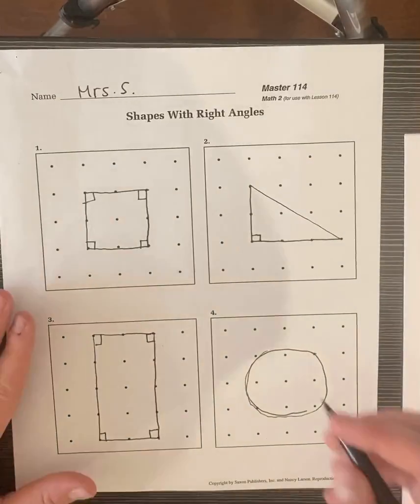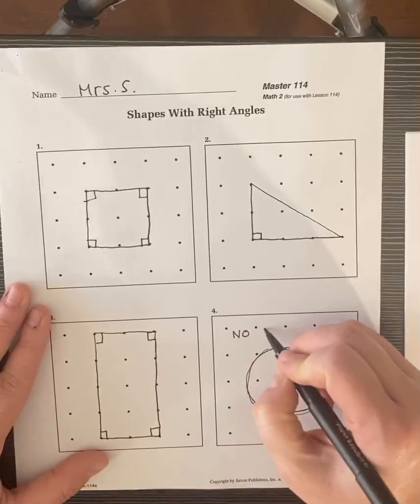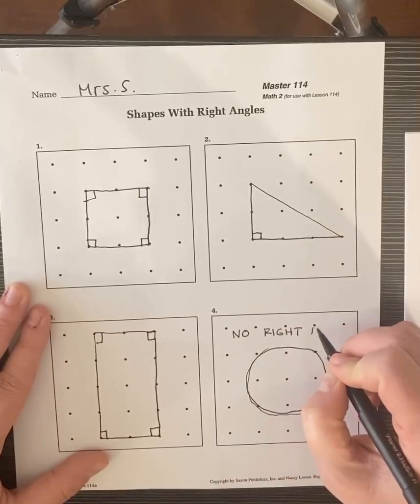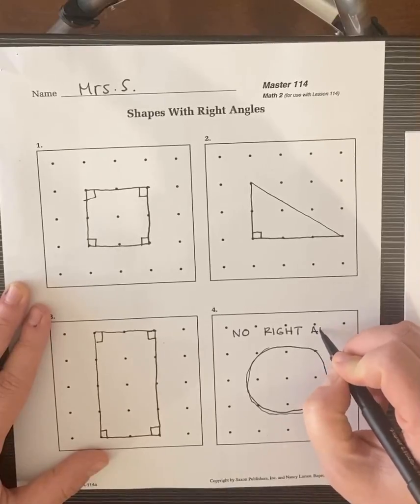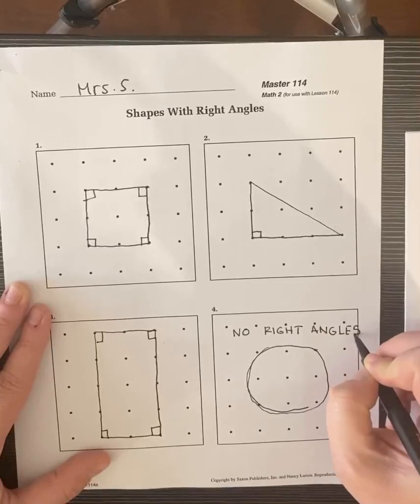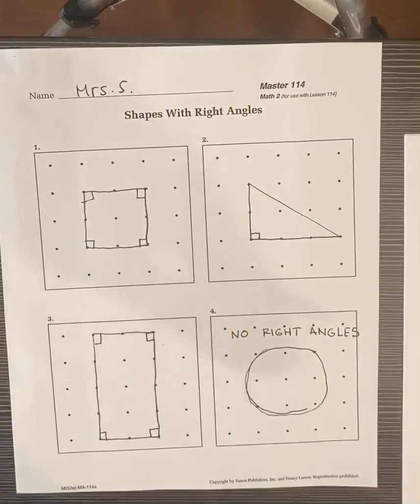No. So there are no right angles on a circle. No right angles, because there are no corners on a circle, right? It's completely round.